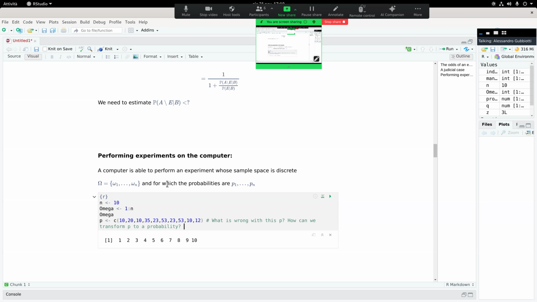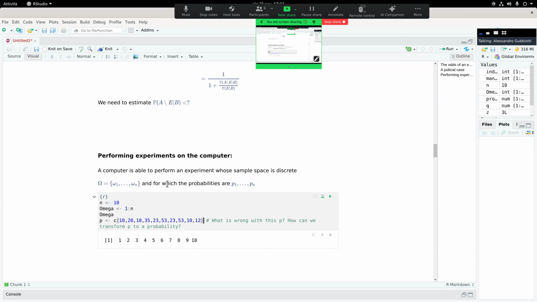Do you have any ideas? I give you 10 numbers which are positive, and they're not a probability. Why are they not a probability, and what can I do to solve the problem without changing them? Of course, I could put whatever probability, but I want to keep these numbers.